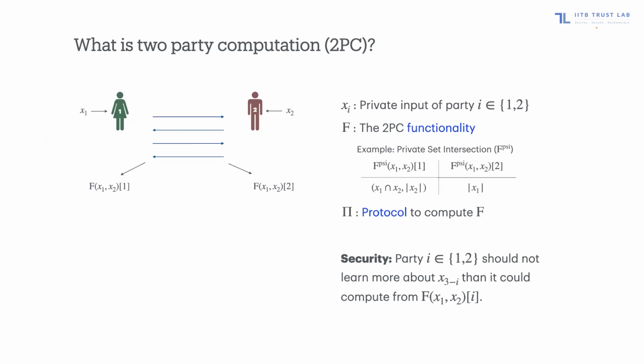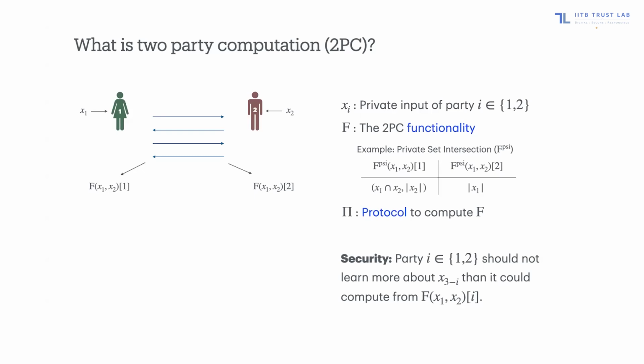As an example, here we have the private set intersection functionality. The inputs here are sets x1 and x2. Party 1 gets the intersection of those sets and party 2 gets nothing, but formally we'll also include the sizes of the sets in the output for the parties.